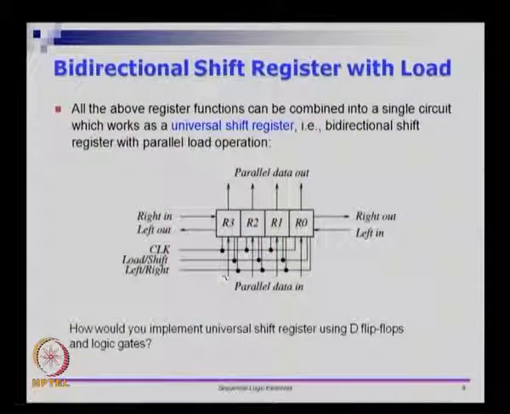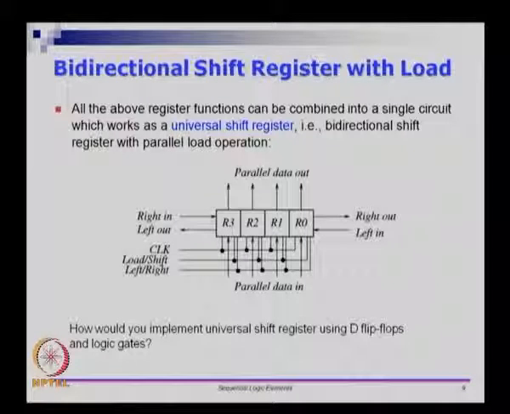So go and think about how you will design a circuit for this. So the whole circuit is not shown, you are only seeing boxes here. Go and see how you can design a circuit which can do this. So this is another homework that I want to give you. So how do you implement a universal shift register using D flip flops and basic logic gates, right.